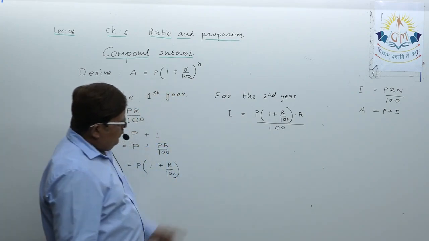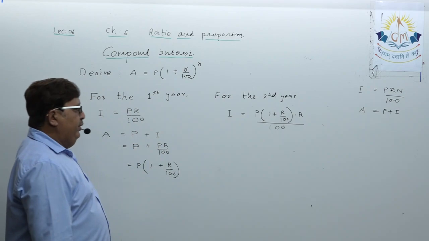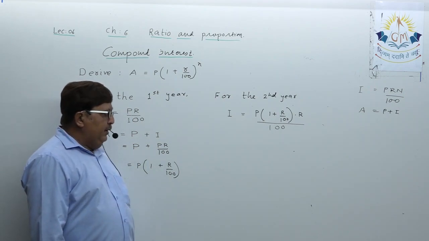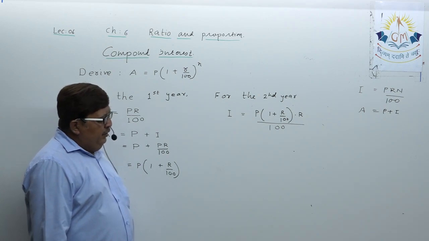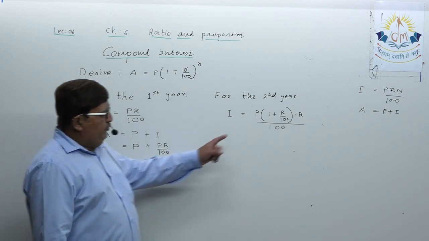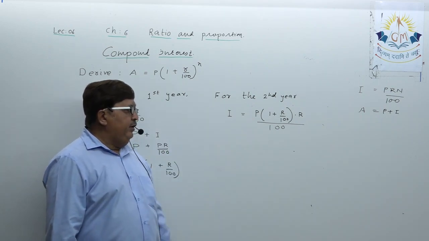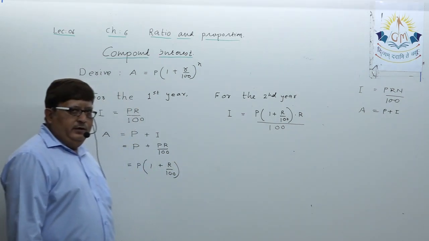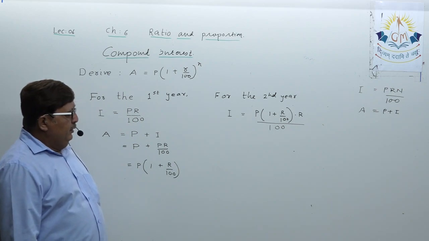Okay. P into bracket 1 plus R upon 100 into R. This is the interest for the second year. Okay.